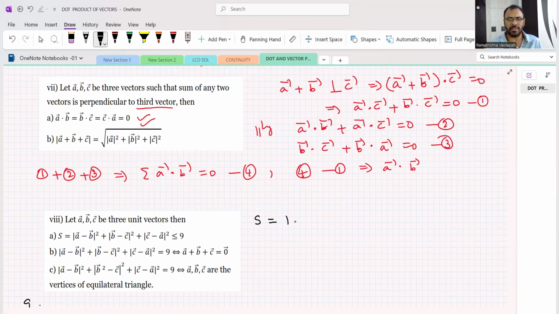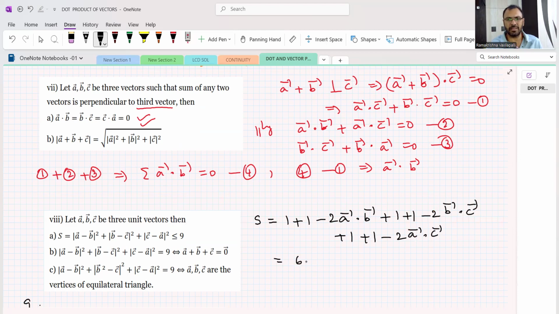So the first expression is mod A square plus mod B square minus 2 into A bar dot B bar. Similarly, 1 plus 1 minus 2 into B bar dot C bar plus 1 plus 1 minus 2 into A bar dot C bar. So this is nothing but 6 minus 2 times sigma A bar dot B bar.